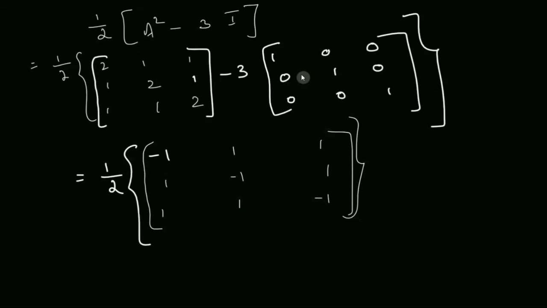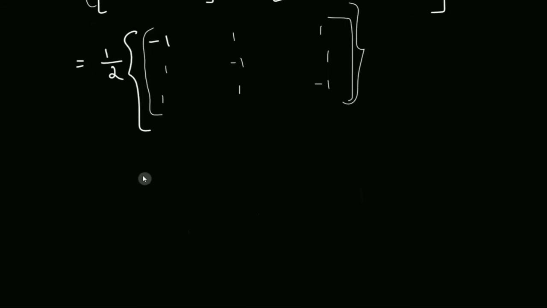It is just 2 minus 3, minus 1, 1 minus 0, 1, 1 minus 0, 1, then 2 minus 3, that is minus 1, 1 minus 0, 1, 1 minus 0 is 1, 2 minus 3 is minus 1. That is equal to the right hand side.